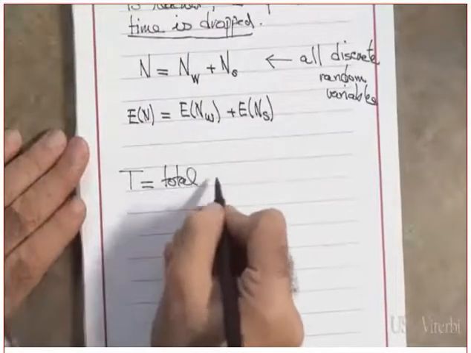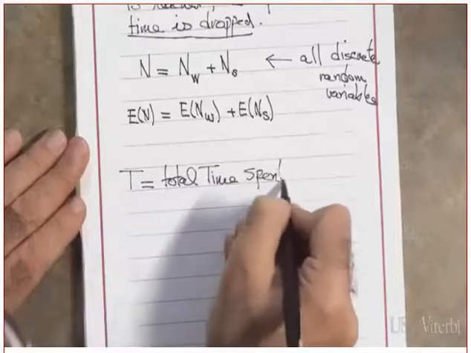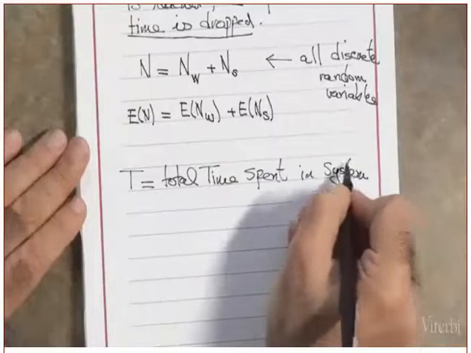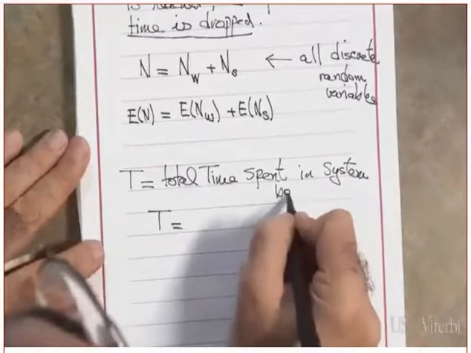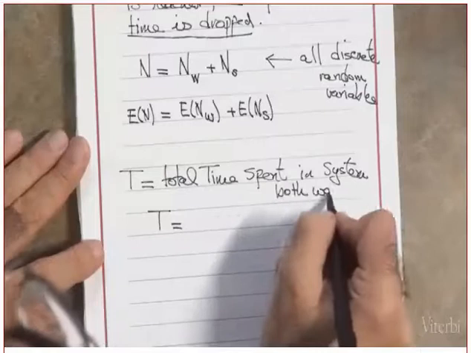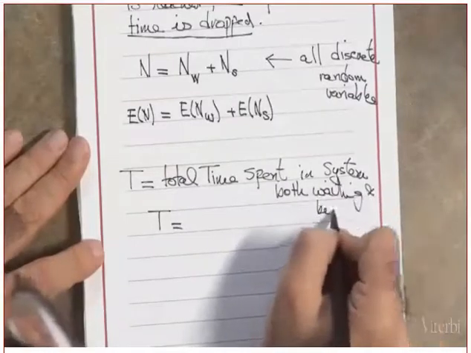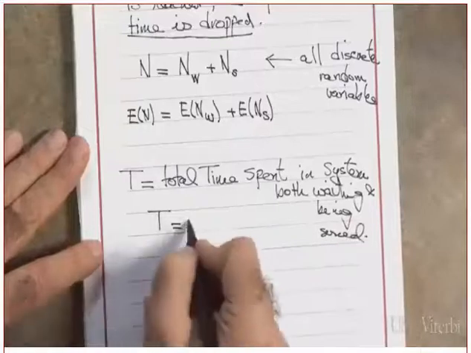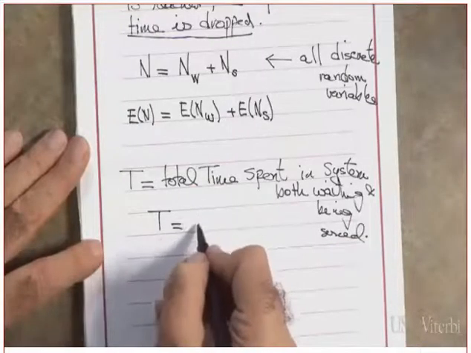Okay. Now, the time T is the total time spent in the system, both waiting and being served. What is T equal to?